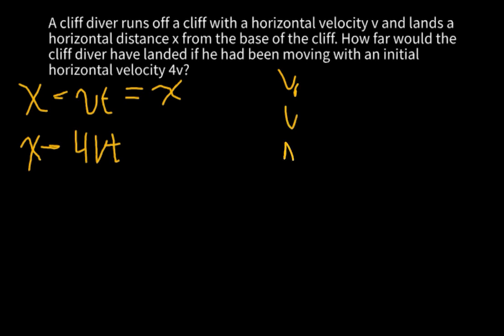So we have these variables, right? Now in both situations he's running off the cliff, so he's going to have an initial vertical velocity of 0 meters per second.